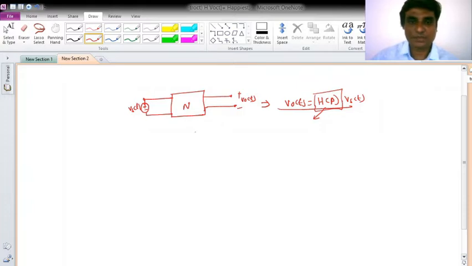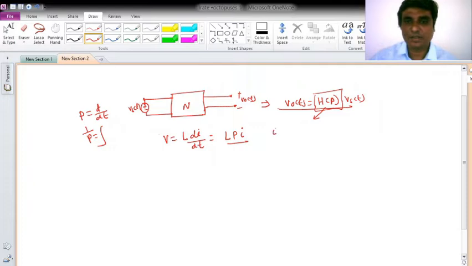Let's say we consider p as the operator d/dt, and 1 over p represented as the integral operator. So the voltage across an inductor is VL = L di/dt, which can be written as LpI.